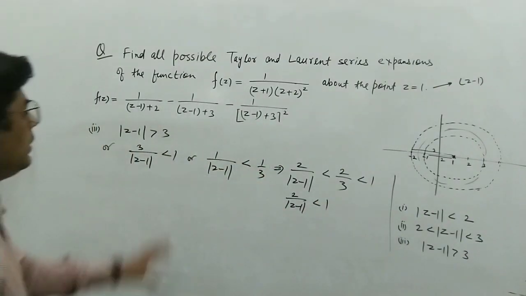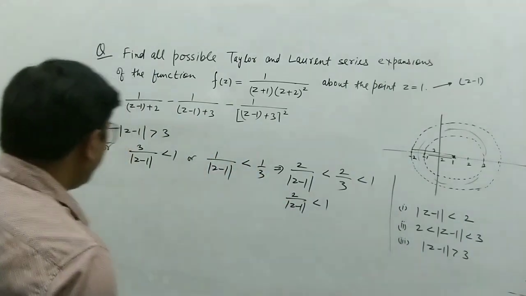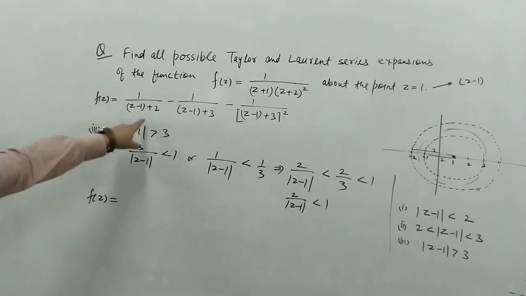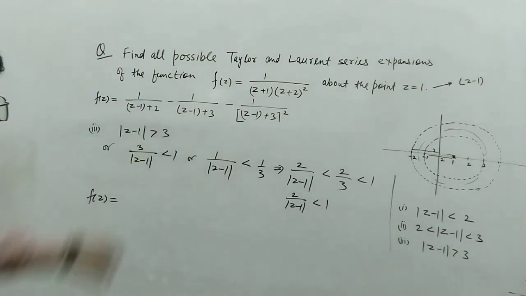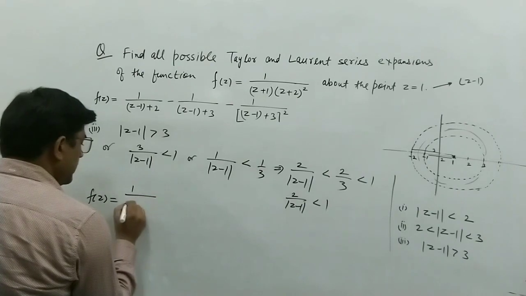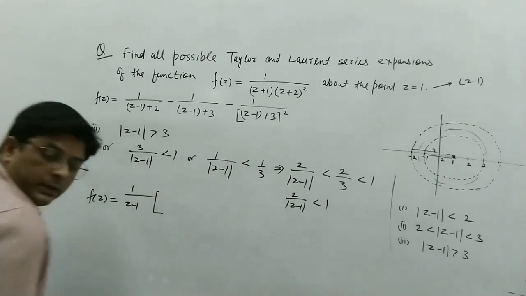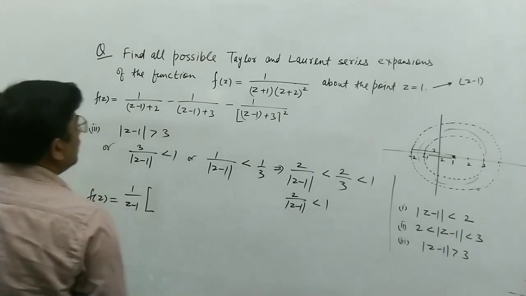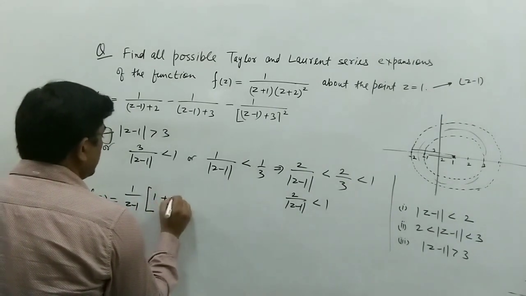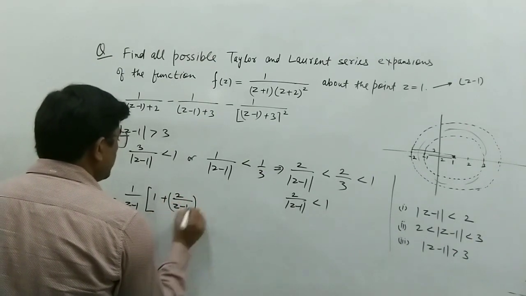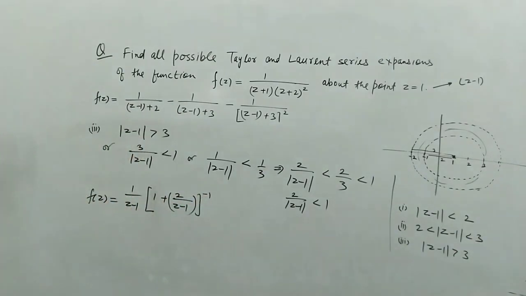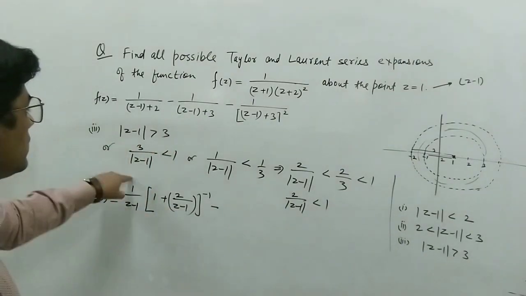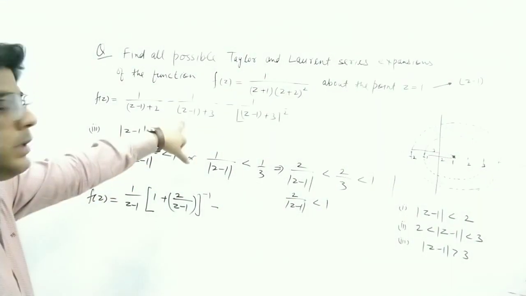Okay. So again we expand this function f(z) as, so f(z) is equal to, from here we take z minus 1 common. So in the first term if we take z minus 1 common, this will be 1 plus 2 upon z minus 1 to the power minus 1. And from the second term, since we have to write in the form of 3 upon z minus 1, so again we will take z minus 1 common.